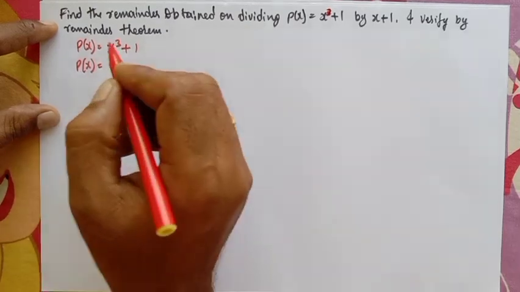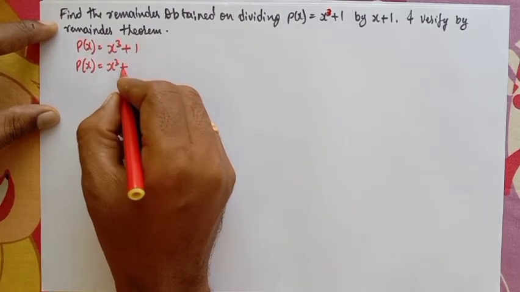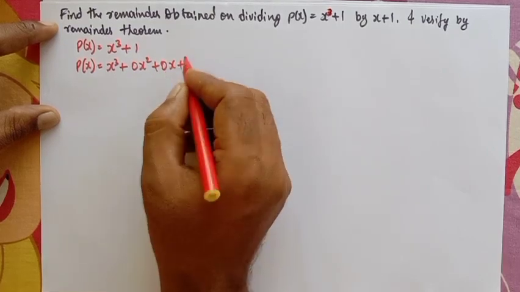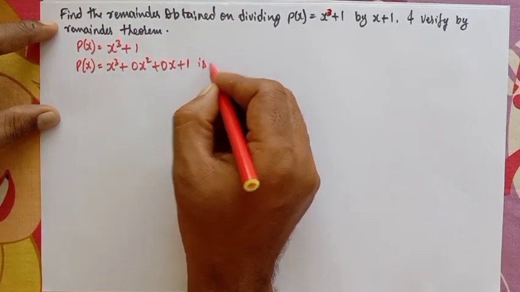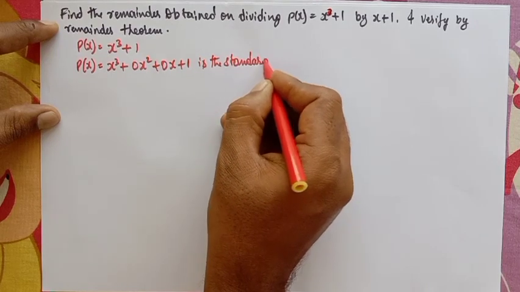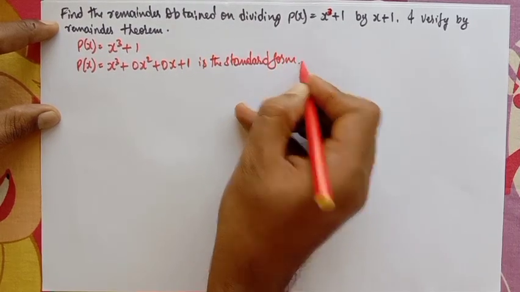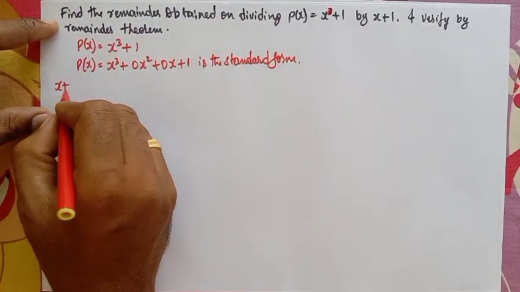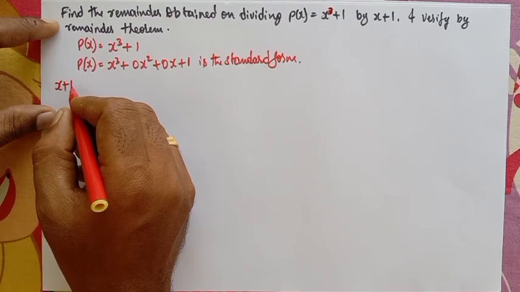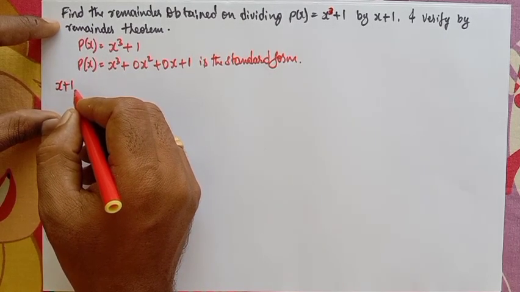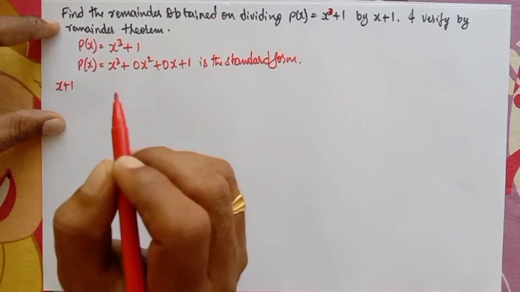P of x is equal to x cube plus 0x square plus 0x plus 1 is the standard form, and here x plus 1 is the one with which we are going to divide.